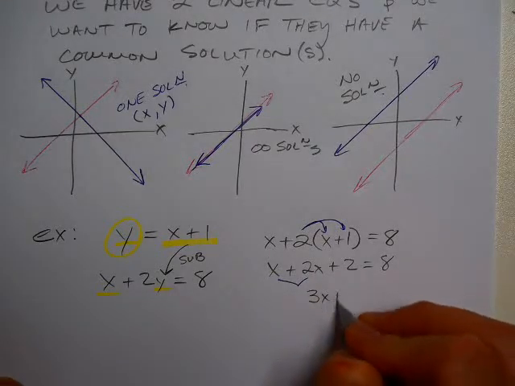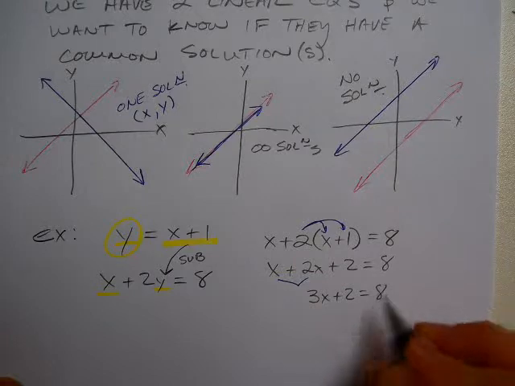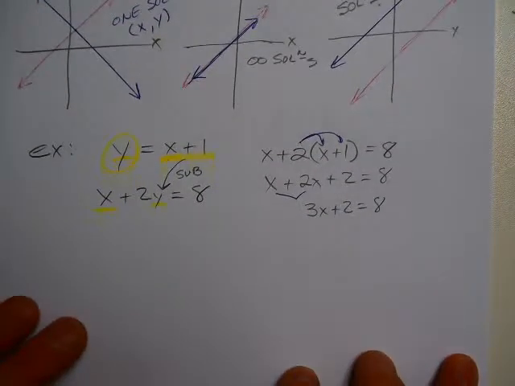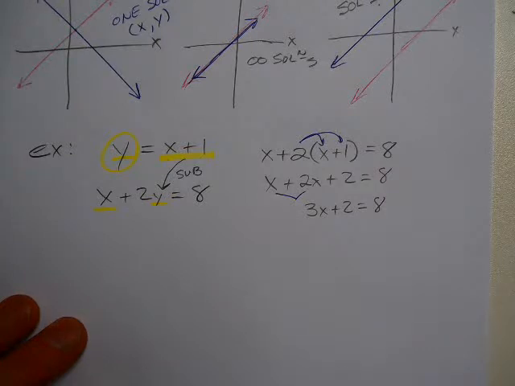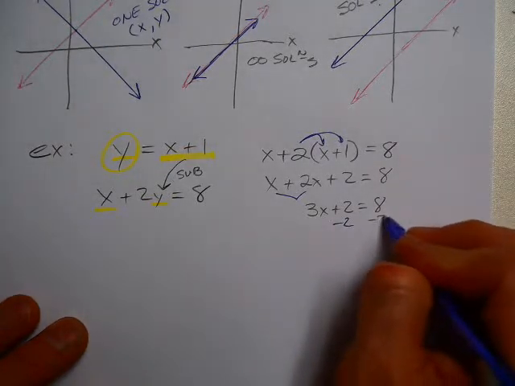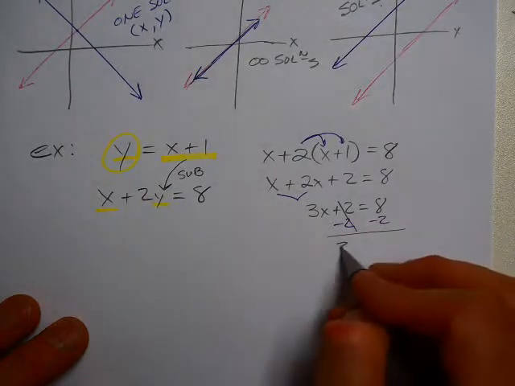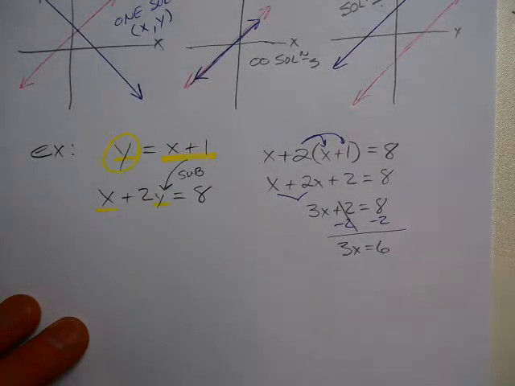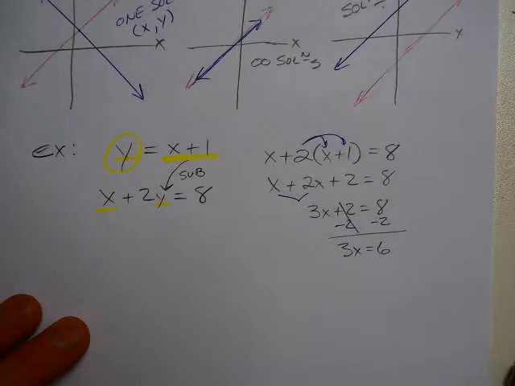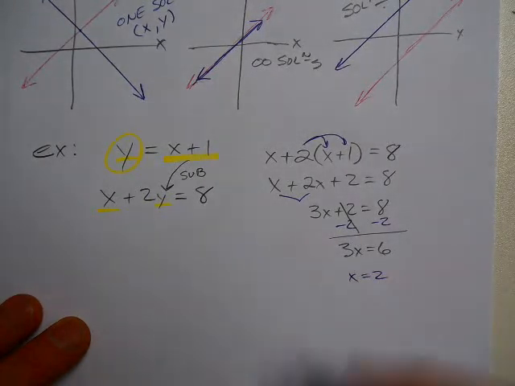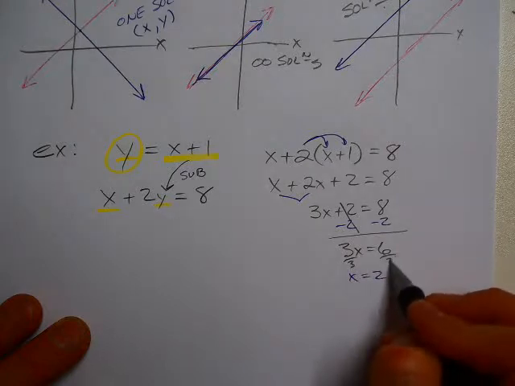That's 3x plus 2 equals 8. Is everybody with me so far? Now I would subtract 2 from each side. So that's going to cancel this, and I get 3x equals 6, and I bet you guys can tell me what x equals. x equals 2, right. Just divide both sides by 3, and we get that 2.